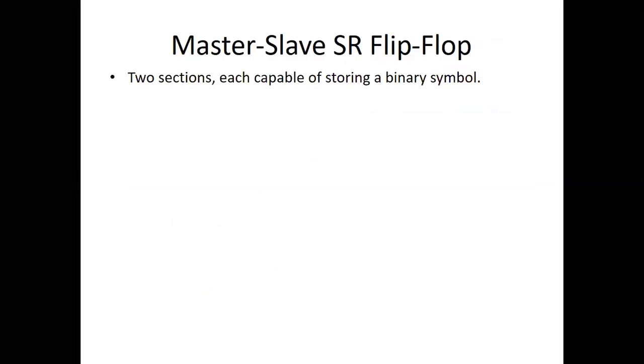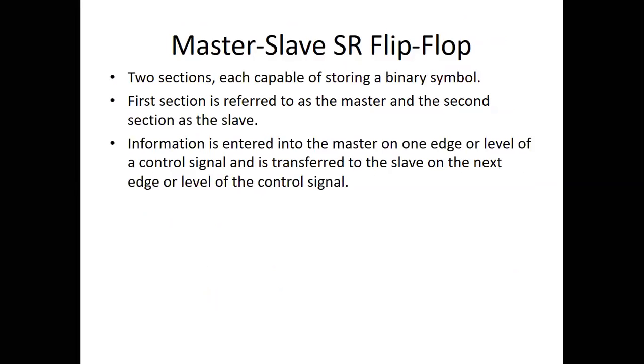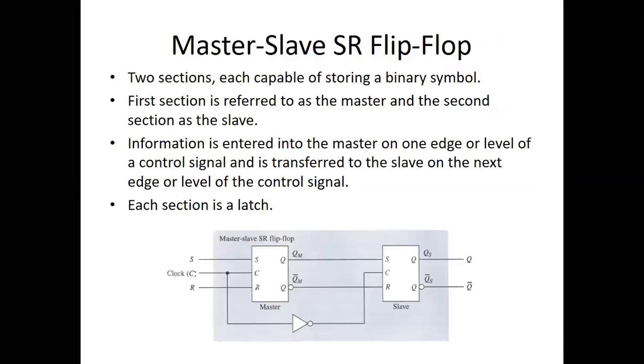Now, what was the master-slave flip-flop? We had not discussed the master-slave flip-flop. So a master-slave flip-flop will have two sections. First section will be the master. Second section will be the slave. It is similar to the JK flip-flop, but I went for the JK flip-flop so that it is a continuation of your T flip-flop.